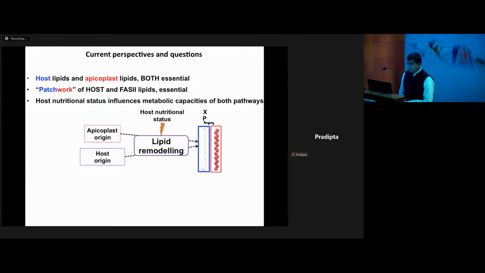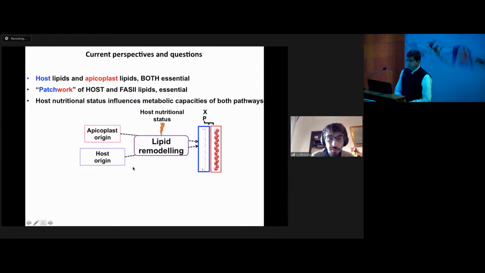So that leads us to this model where both host lipids and apicoplast lipids, at least at certain time points, are essential for making patchwork lipids and lipids of the parasite. And these patchworks are extremely important in specific life stages.